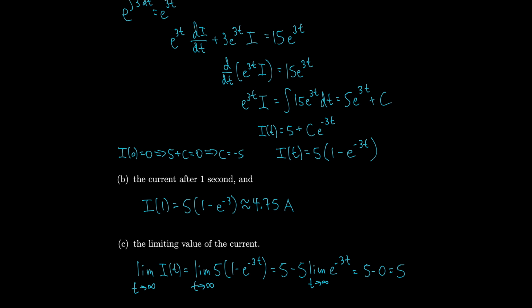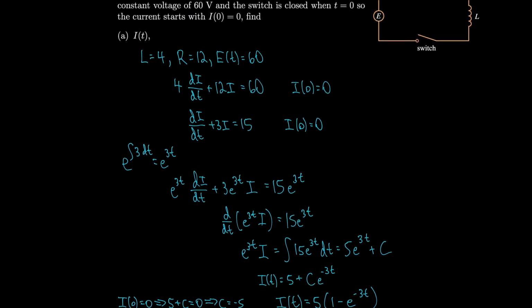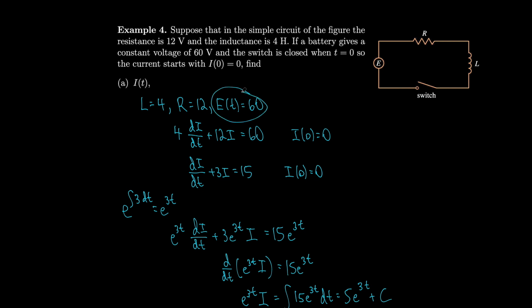So we got pretty much everything the same as we did before. We found the same I, we found the same limiting value of the current, we just solved it a different way. We're only able to do that though because our e of t happened to be constant 60.